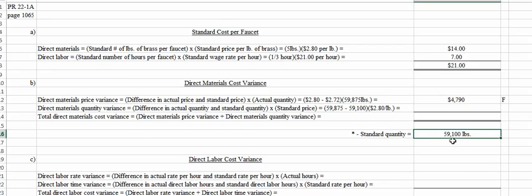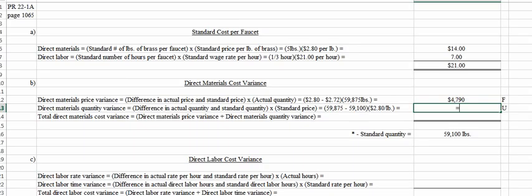Okay, so we were supposed to use 59,100 pounds, but we used 59,875 pounds. We went over budget in our direct materials usage. So this one's going to be unfavorable. We used more than the budgeted amount, right?